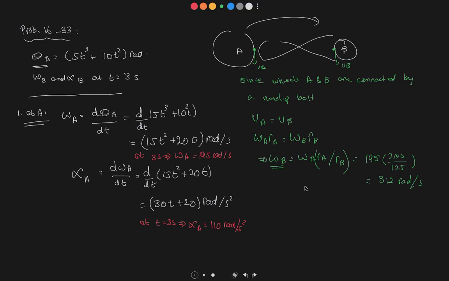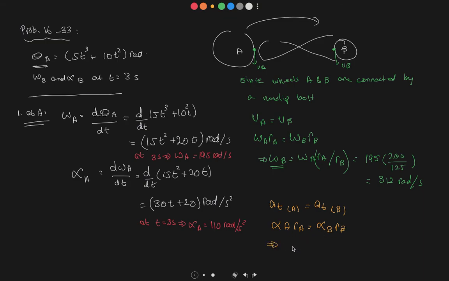Also, at this point, the tangential accelerations of both pulleys are the same. So the tangential acceleration of pulley A should equal that of pulley B. I keep saying gears, these are pulleys, sorry. So this is alpha A RA equals alpha B RB.